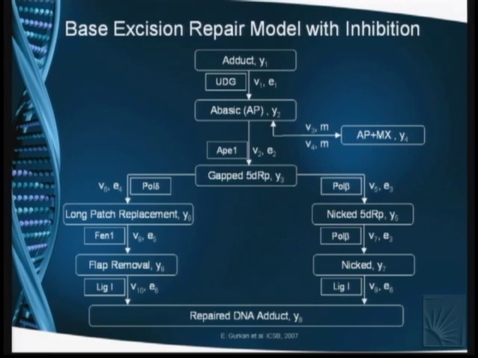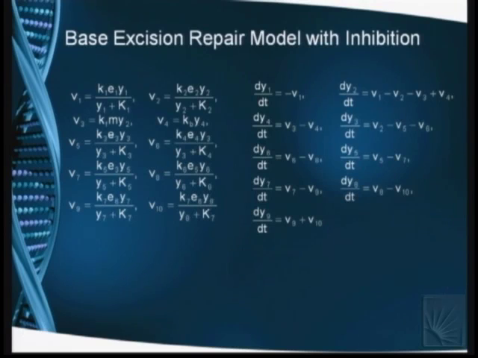And we have included these inhibition dynamics to our model to study the effect of inhibition on different BER pathways with different BER capacity. We will see what we mean by that. And these are the equations defining that model. They're again ordinary differential equations.